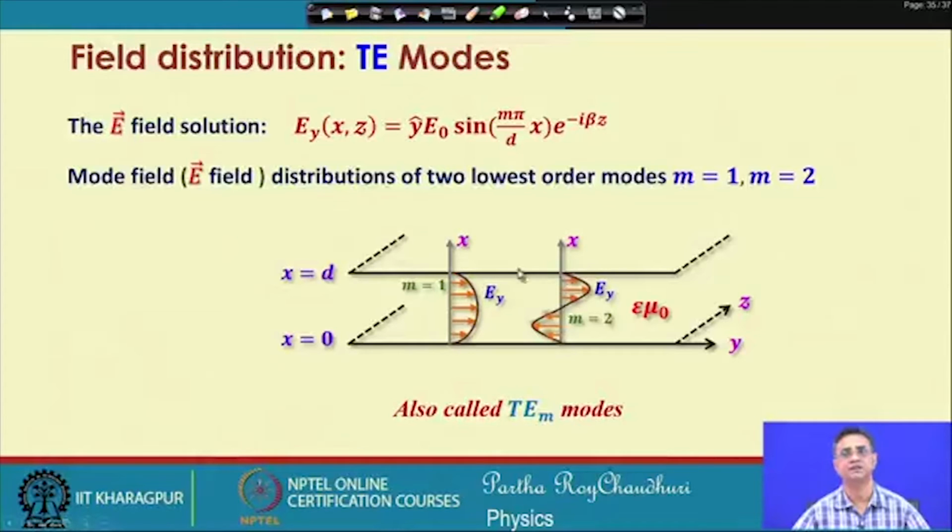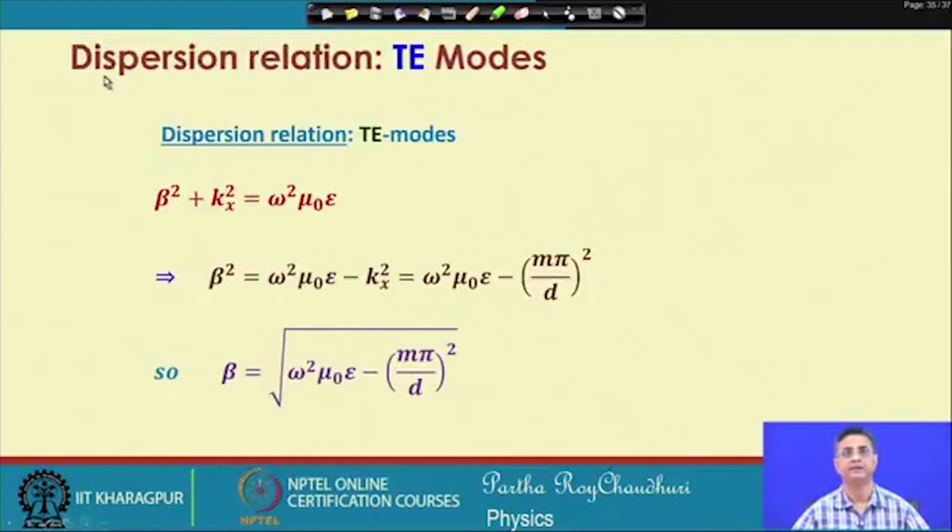So, you have this distribution of the electric fields for various possible values of m equal to 1, 2, 3, etc. This is how we can look at the field distribution in such a metallic waveguide with two plates. The dispersion relation comes from the equation that beta square plus k x square equals omega square mu naught epsilon naught.